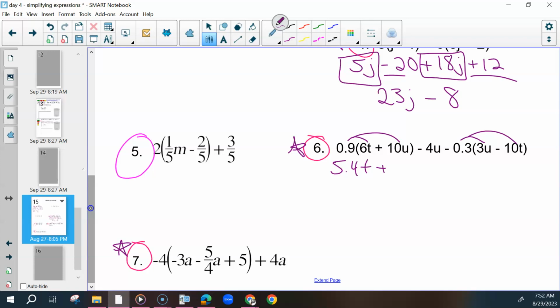Plus 9u. Bring down the minus 4u, and then what would this be? Negative 0.9u. And then what would this be? But then positive.